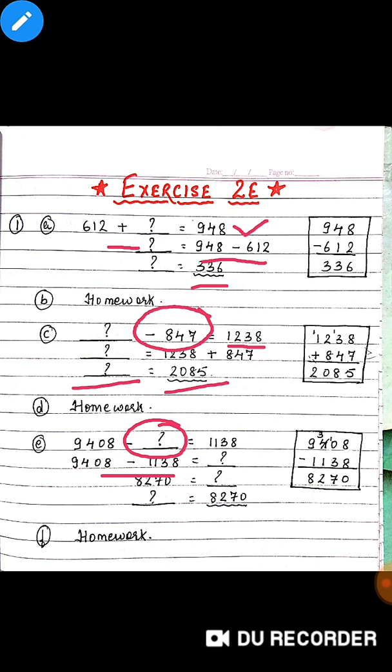So when you subtract them, you will get 8270. So here in this case, when the answer of subtraction is given to you, that which was 1138 in this case, and the number from which the missing number was subtracted is given to you, you will do subtraction.